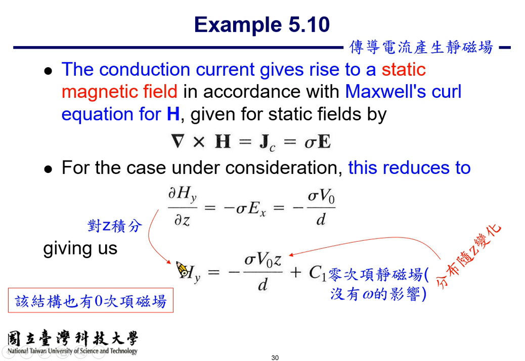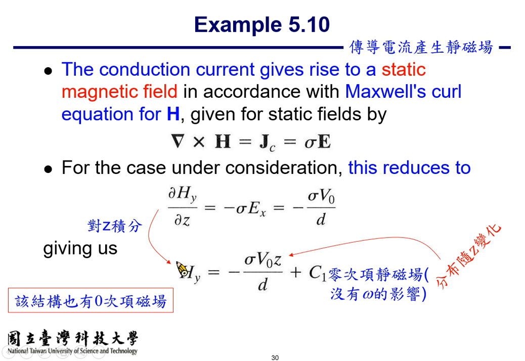So if you apply a static voltage across the plate, and the dielectric between the plate is not completely insulated, then you have conducting currents. Then you will have the Hy term. However, a very important difference between the Hy term and the Ex term is that the Hy term depends on z, right?